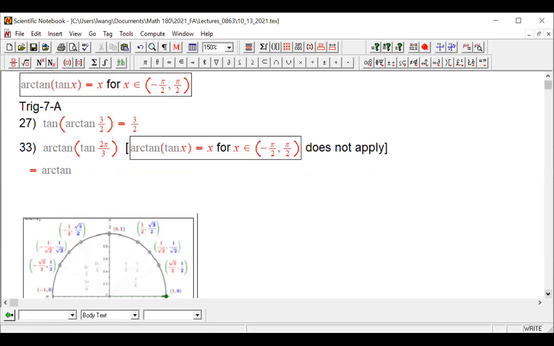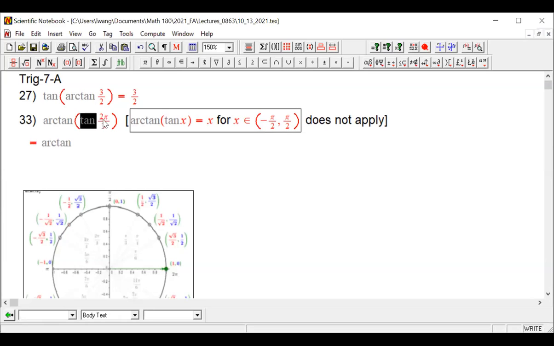Inside the parentheses, it's a matter of the definition of tangent. You see the blue number, you see the red number, you divide these two, what do you get? The blue divided by red, we just did it, so you get negative square root of 3.